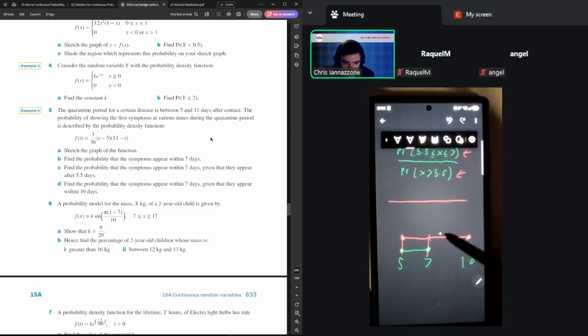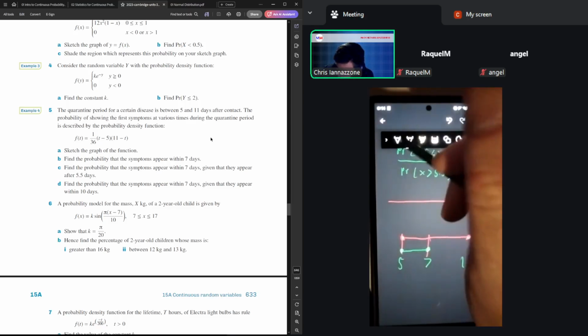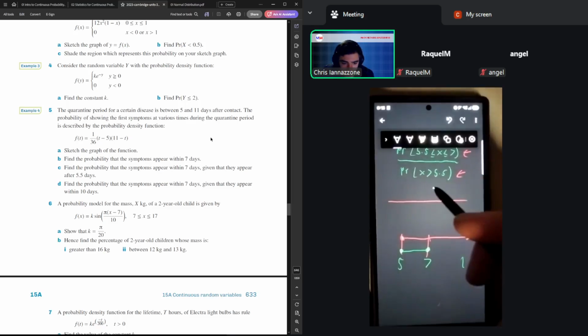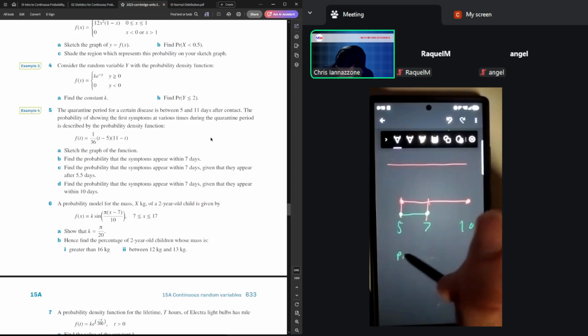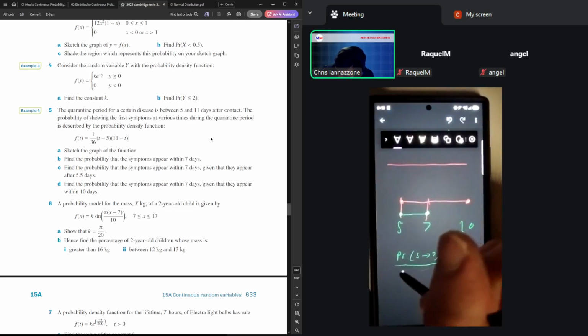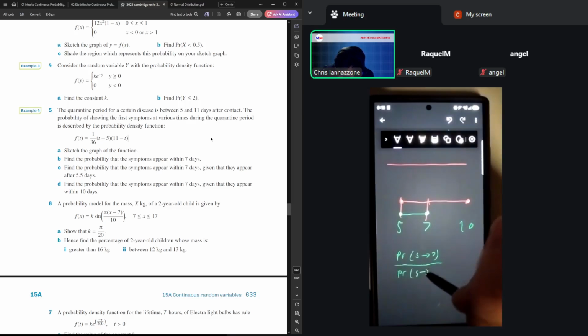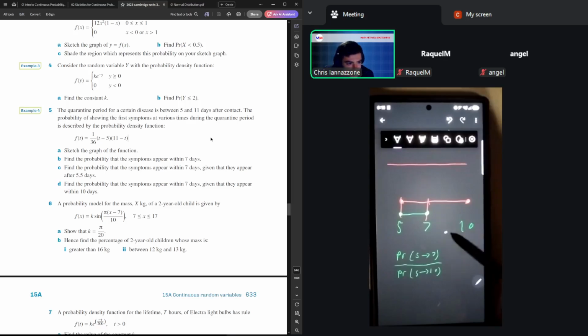it's as if the conditional didn't matter. It will matter because we're still dividing by it at the end, but it doesn't necessarily change what your numerator is going to be. So it ends up being the probability of 5 to 7 divided by the probability of 5 to 10, because the conditional was within 10 days.